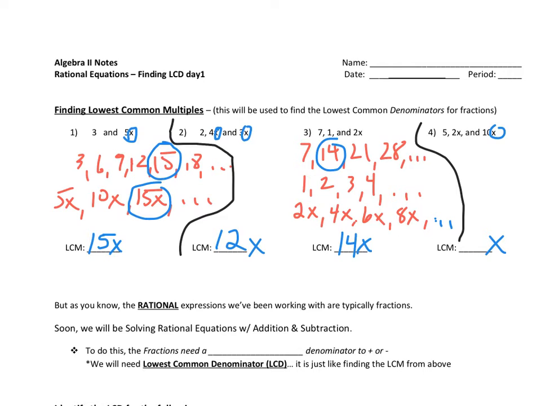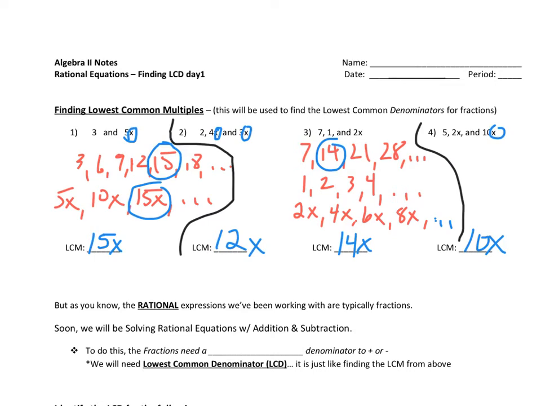Count by 5s, count by 2s, count by 10s, they're all going to hit 10 itself. You might have been thinking possibly 20. This is 5, 10, 15, 20. 2 will go into 20, 10, 20. But 10's the lowest one because 2 and 5 both go into 10. So that is finding lowest common multiples.